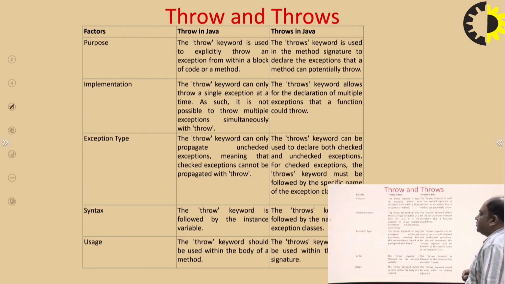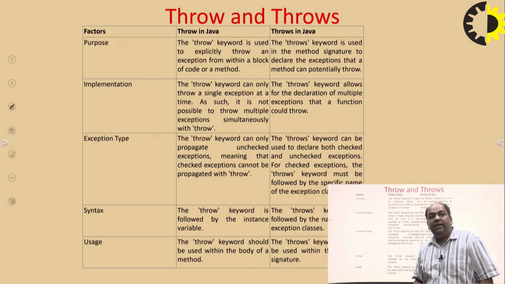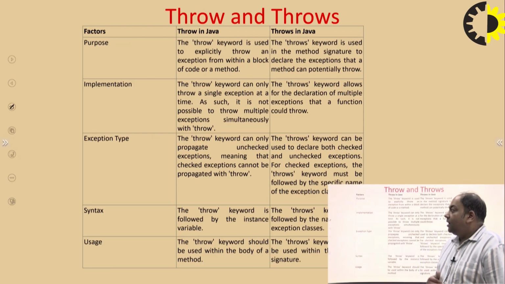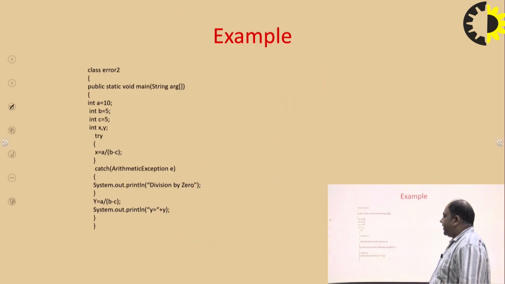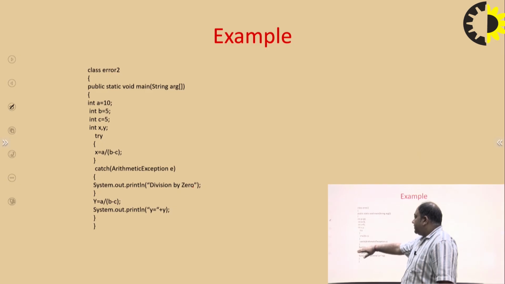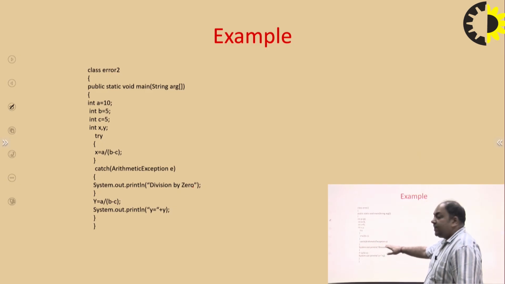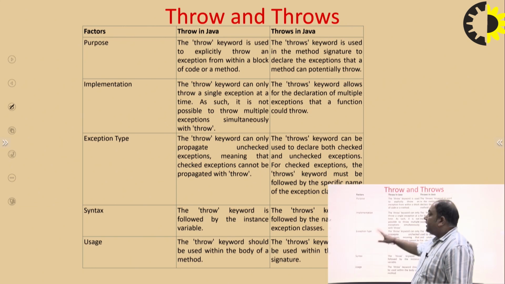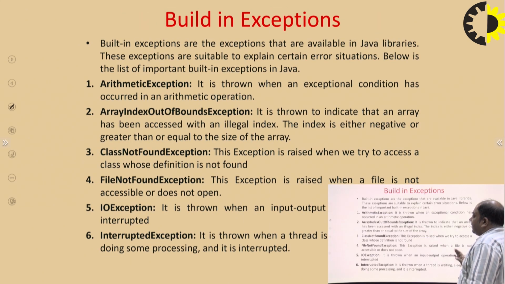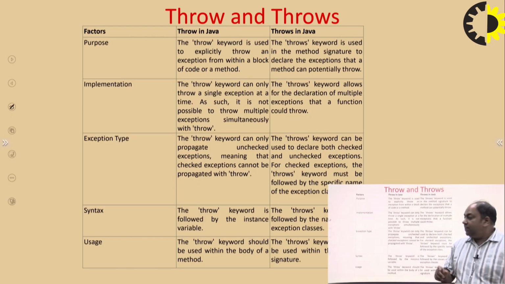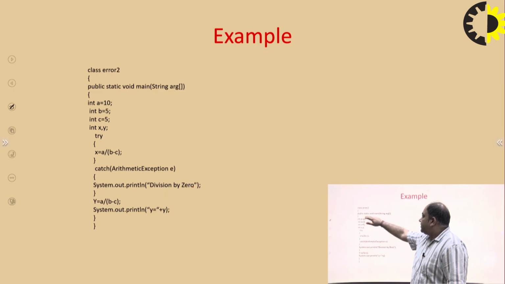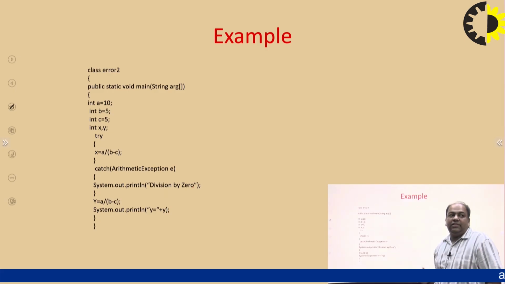The throw keyword is used to explicitly throw an exception within a block of code, and the throws keyword is used in the method signature to declare an exception that a method can potentially throw. If we take an example like this, in this example we write catch arithmetic exception E. It is basically an example of throw, but when we talk about throws, we give the name of that exception in the method declaration, like public static void name throws arithmetic exception.